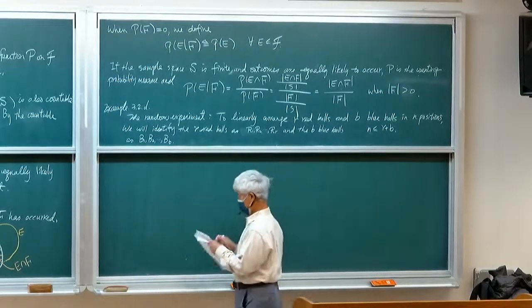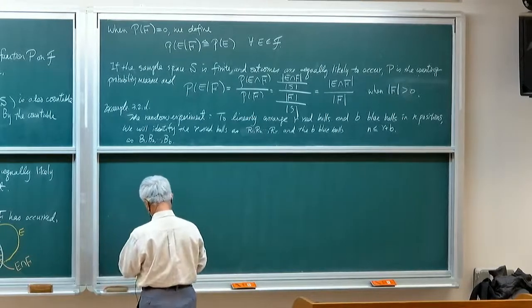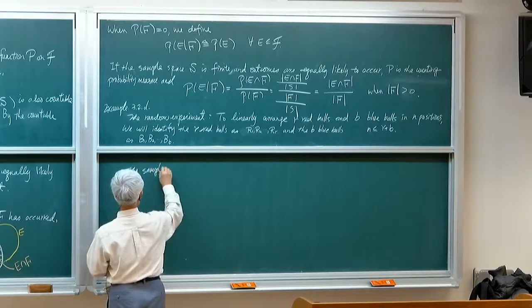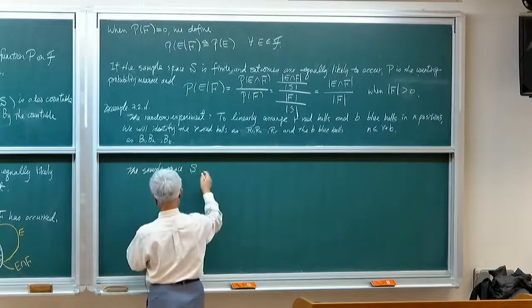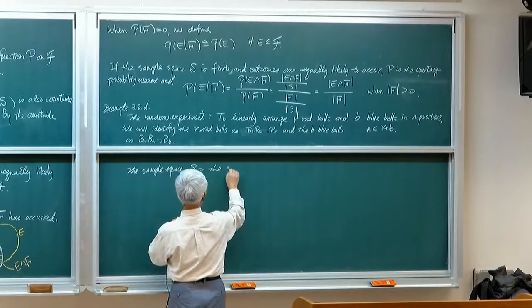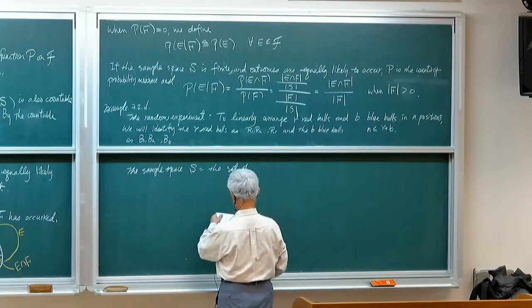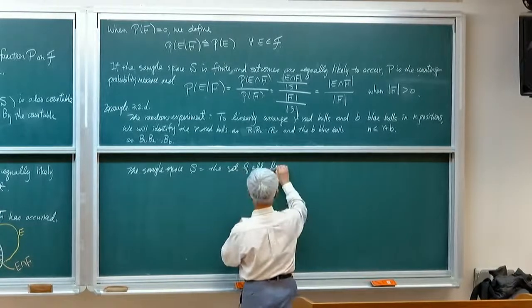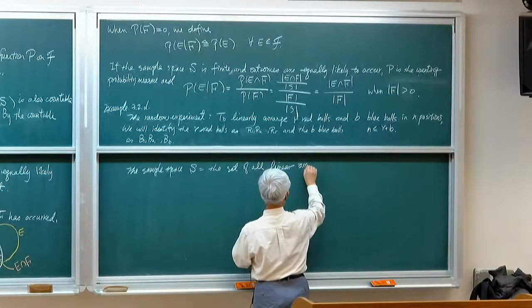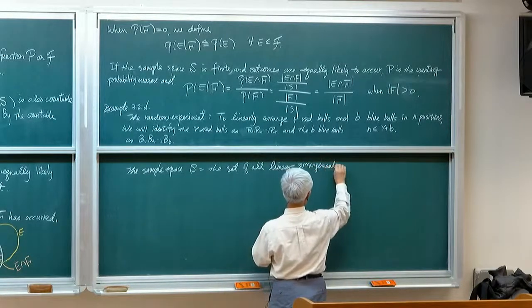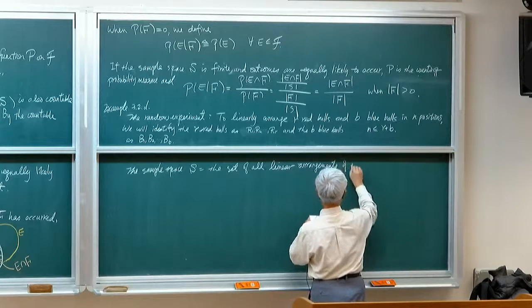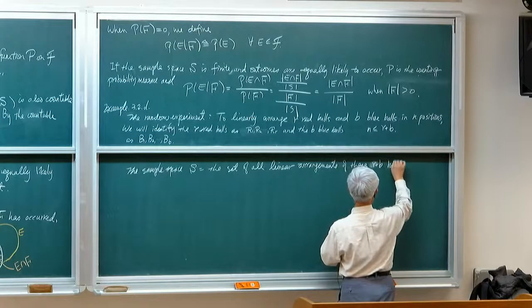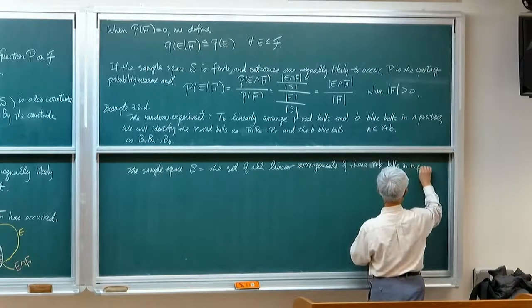With that, the sample space is the set of all linear arrangements of these R plus B balls in n positions.